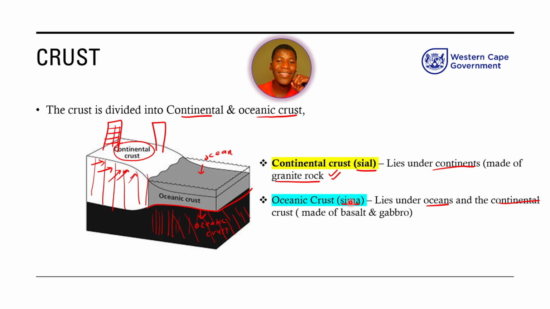That's why you say that the seamer, or the oceanic crust, lies under oceans and the continental crust as well. And then it is made up of a certain type of rock that is known as basalt as well as gabbro. We're still going to do all these types of rocks in our next upcoming video.